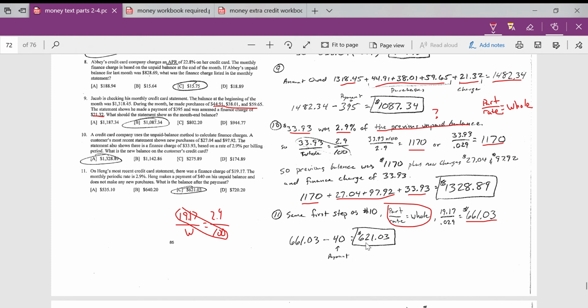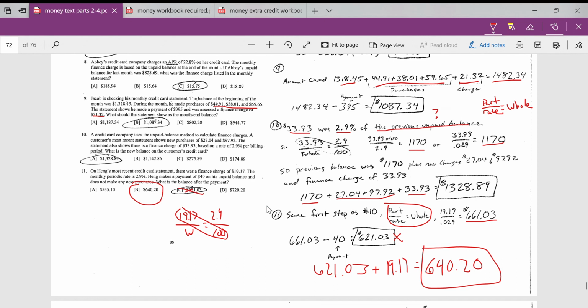So that we made the payment, that is the amount now, but there was this $19.17 finance charge. So we add that, and you'd actually have this amount. So this number we need, but that's not the answer. The answer should have been right here.